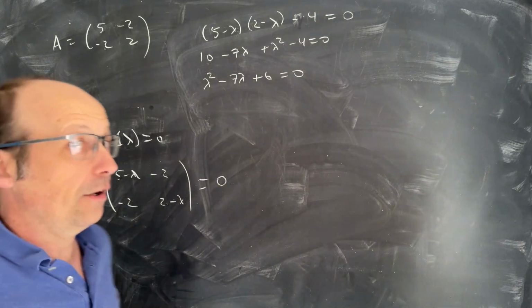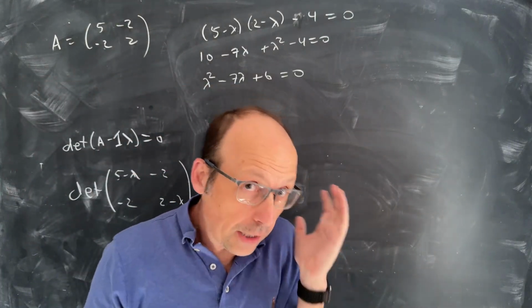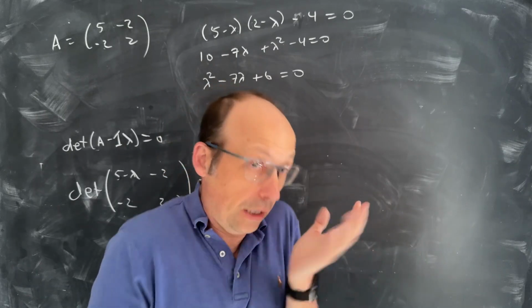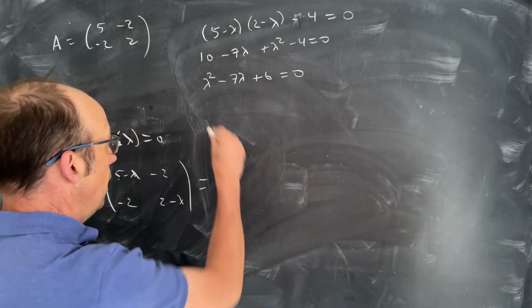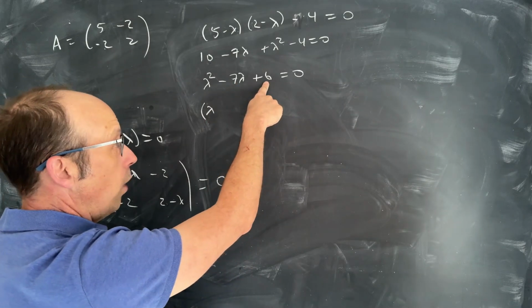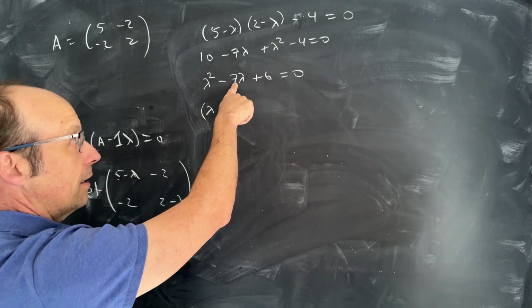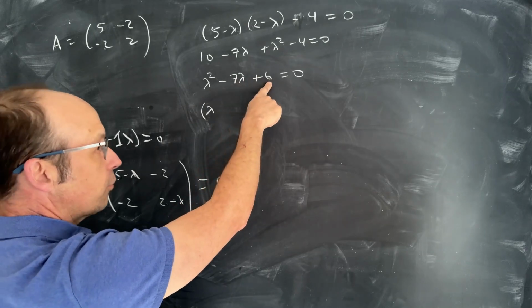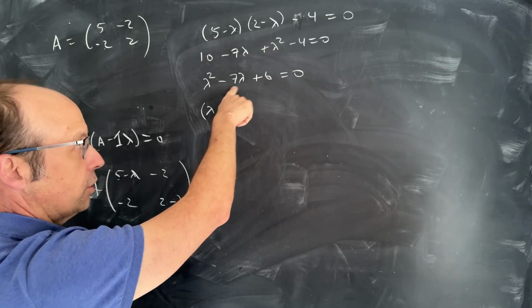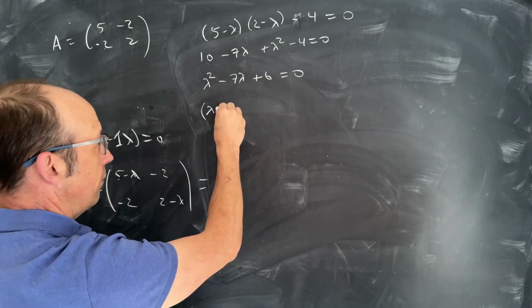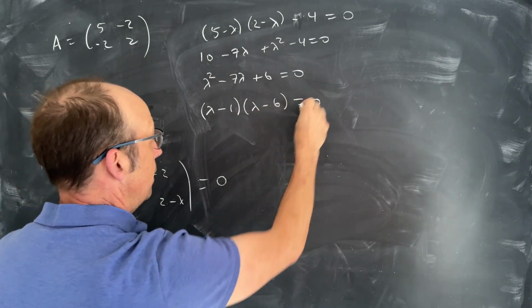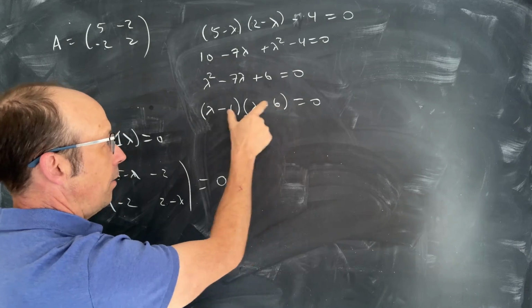Now, how do I find values for that? If you're lucky or if you can think really well, you could factor this. And if not, use the quadratic equation. That's what the quadratic equation does. It factors this. But I think here, what times what is 6, and what added together is negative 7? If I have negative 1 and negative 6, so negative 1 times lambda minus 6, that works, right? Because I get 6, and when I add those two together, it's 7.